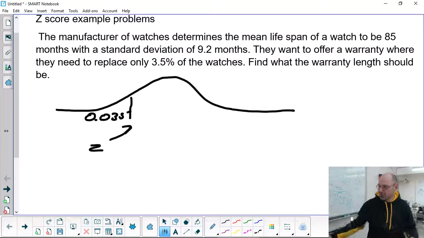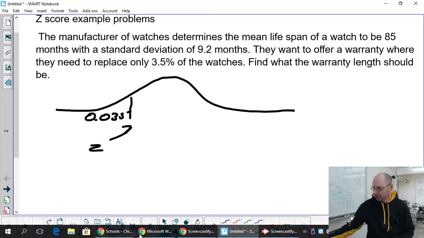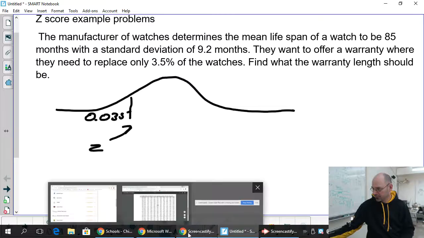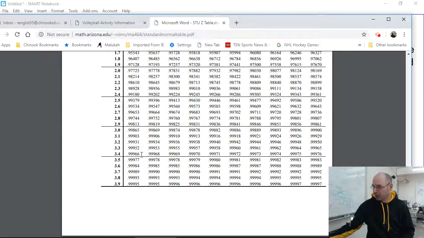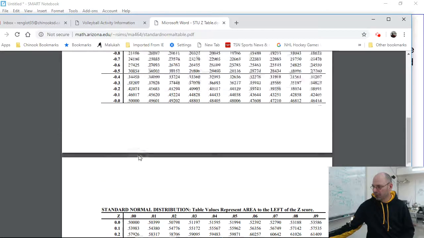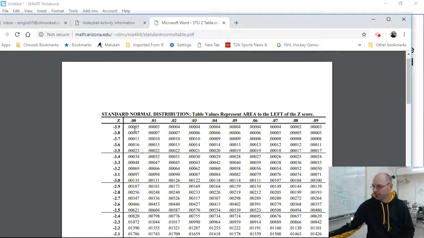If we look up the z-score table, these are all above 50%, so we need the negative side. 0.035.